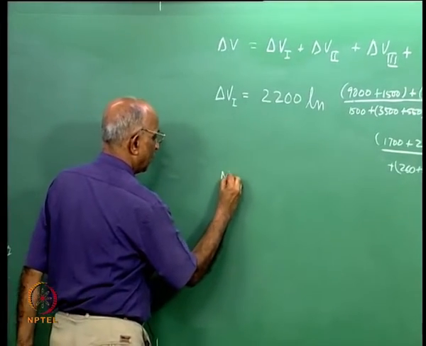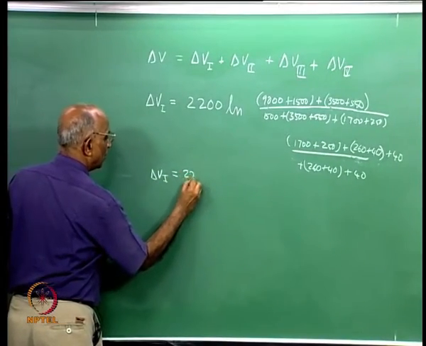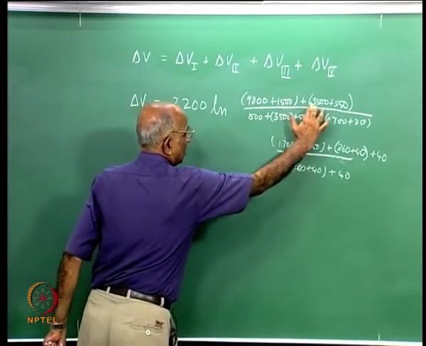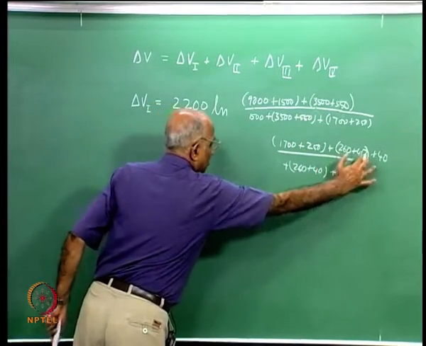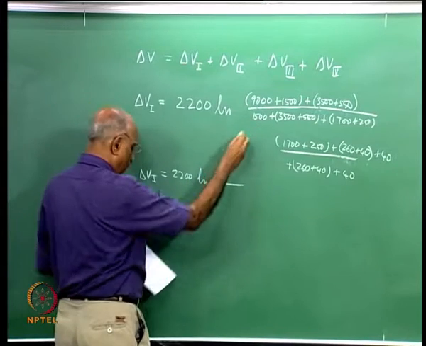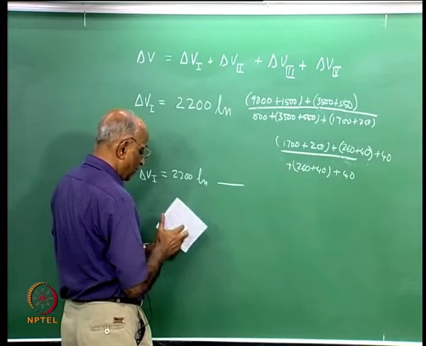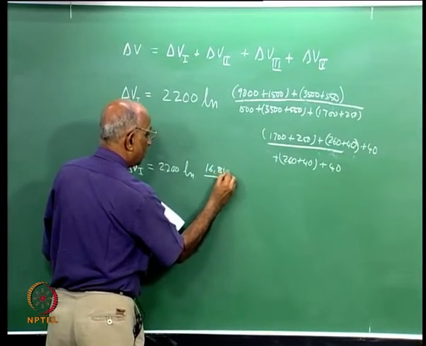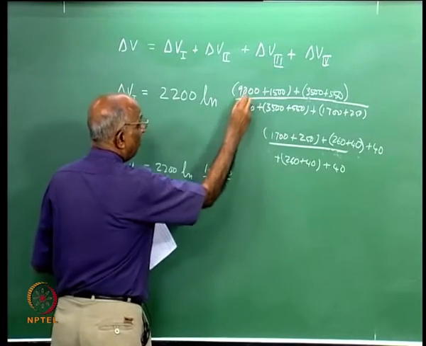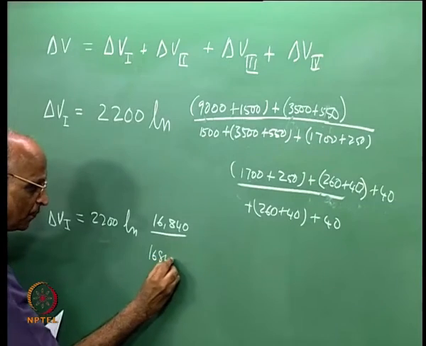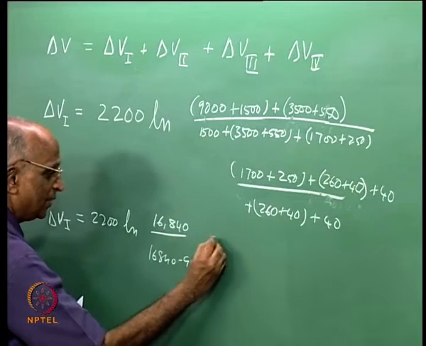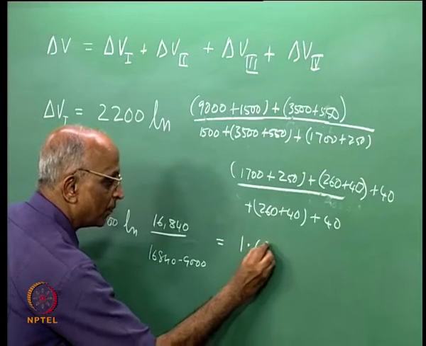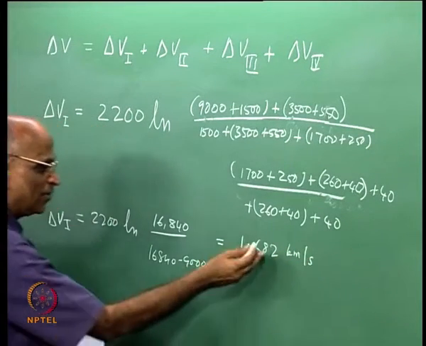Let us simplify it. I get therefore delta V1 is equal to 2200 ln of, I add all the masses, 9000 plus this, 3500 plus 550, 1700 plus this gives me the total initial mass, that is the total mass is 16,840 kg, and in that I subtract the value of 9000, that is 16,840 minus 9,000, and this gives me the velocity of 1.682 kilometers per second, or 1682 meters per second.